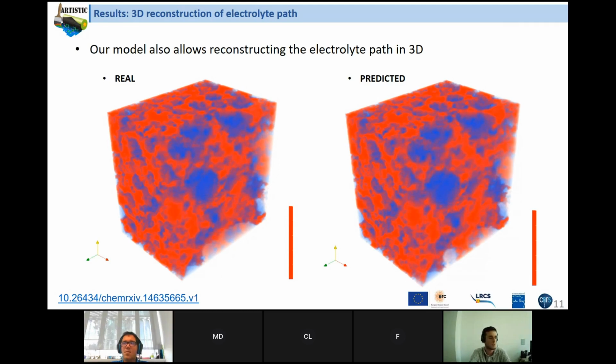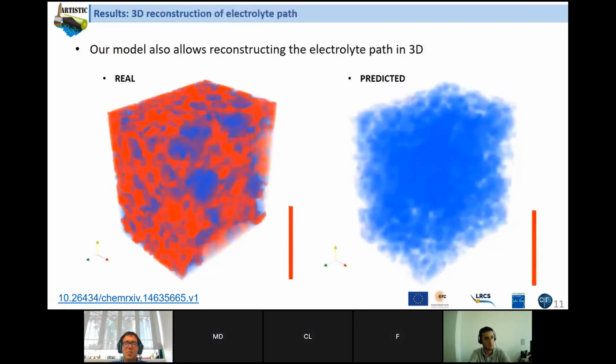There are some small differences. For instance, you can see in this region here, there is a pore which should be more filled because in the real case it's a little bit more opaque, or the vice versa happens in this case. This pore should be a little bit more empty, right? But all in all, we find that these results are quite consistent.